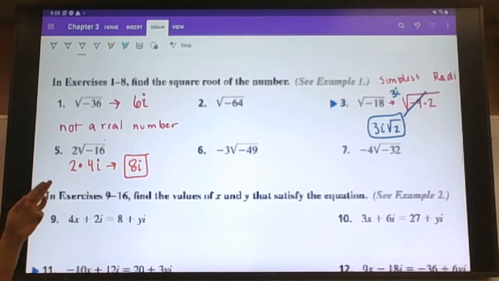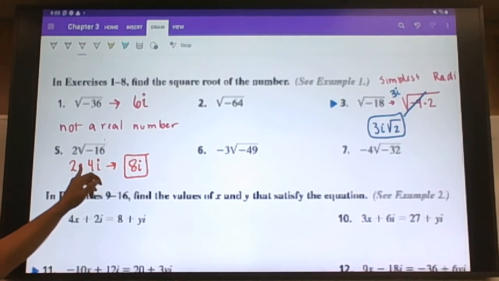You can multiply those. I would never add them because adding and subtracting is complicated. You have to have like terms. But you can multiply just about anything. So I'm going to multiply that.